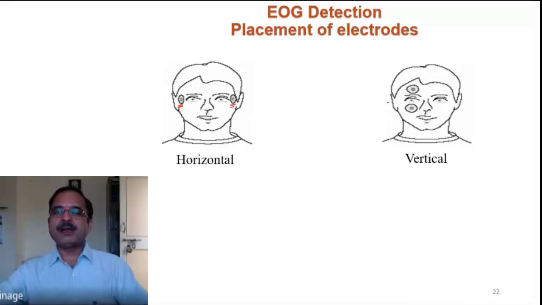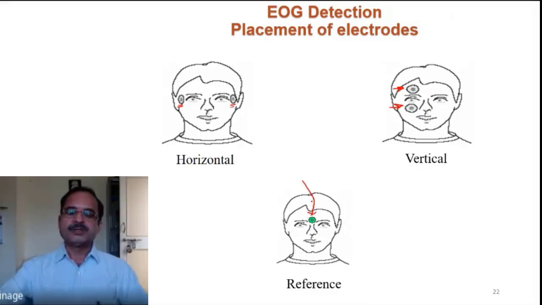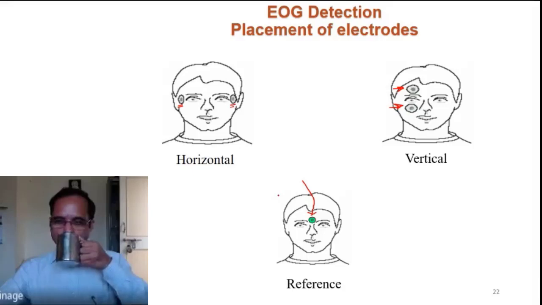For sensing the vertical movement of the eyes, we place one electrode at the bottom of the eye and one at the top of the eye. This is the position of the 2 electrodes for vertical movement, and the reference electrode is kept at the center of the eyes. So this is usually the placement of the electrodes.